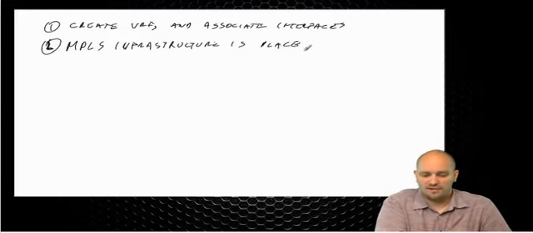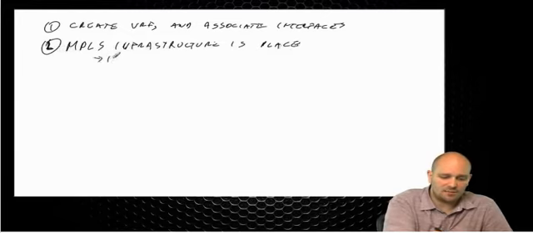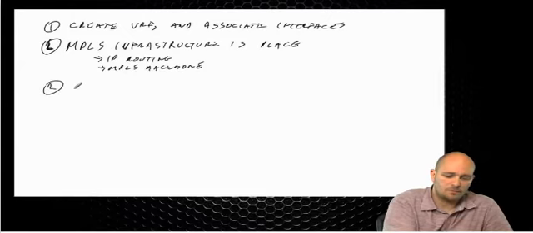Now, MPLS infrastructure in place, this involves IP routing and MPLS backbone. Step number 3, VPNv4 infrastructure.